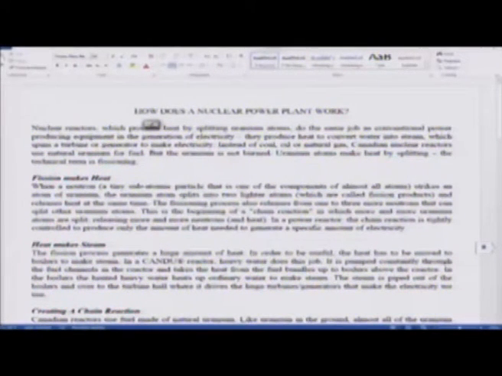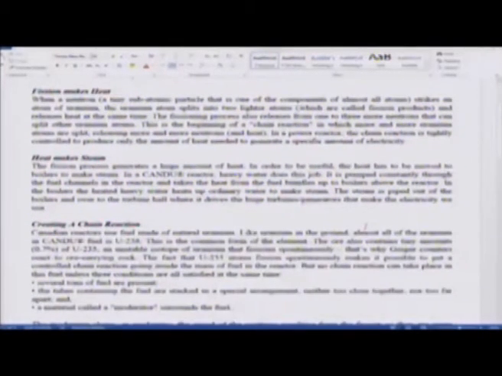It also releases heat at the same time, and then it introduces the term chain reaction. So, what is it? More and more uranium atoms are split, releasing more and more neutrons and heat. Then there is extra information here. This chain reaction is not uncontrolled, it is tightly controlled to produce only the amount of heat needed to generate a specific amount of electricity. So, this explains in detail about fission.